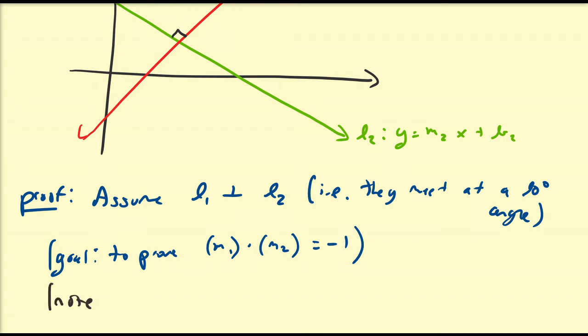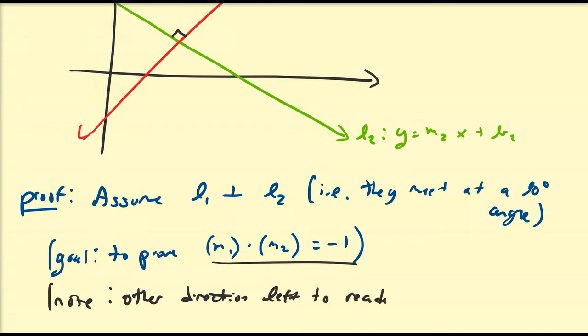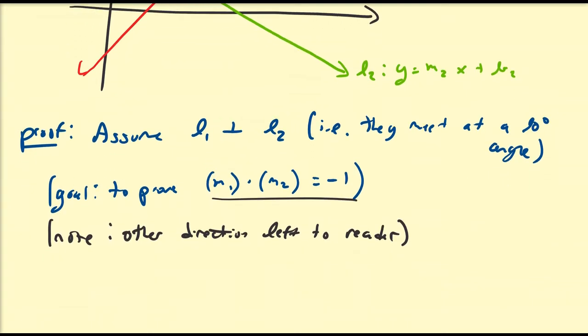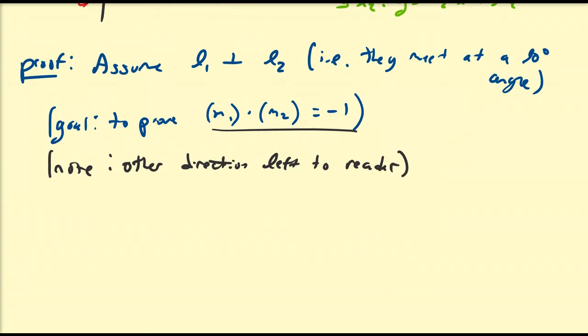And side note, since the theorem is an if and only if theorem, you should be able to assume that the product is equal to -1 and hence they are perpendicular, but the other direction I leave to the reader or the watcher, whatever you want to call it. So we're going to assume that the lines are perpendicular, that is, they meet at a right angle, and we're going to show that their slopes are negative reciprocals of one another.